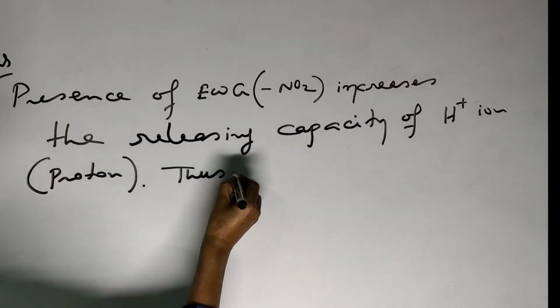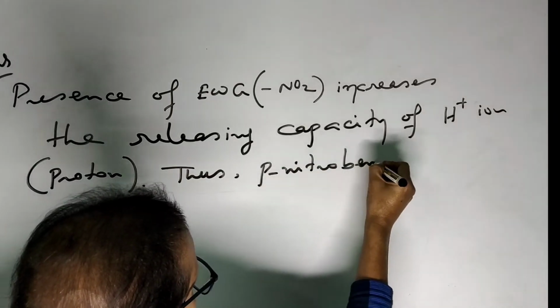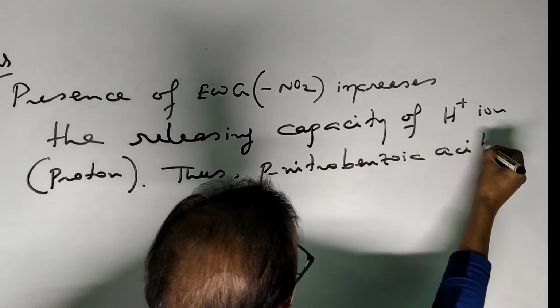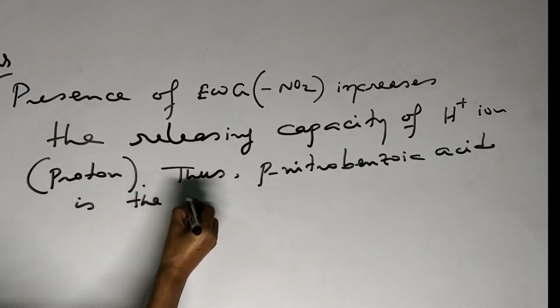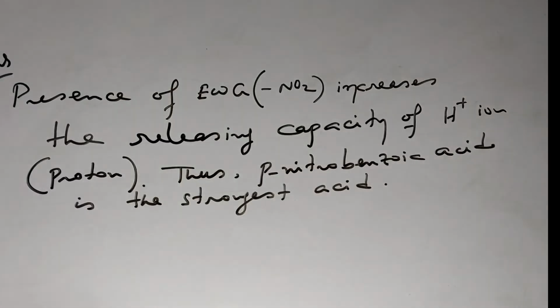Thus para-nitrobenzoic acid is the strongest acid. Write in this way, because this type of question carries 2 marks. You have to mention nitro.